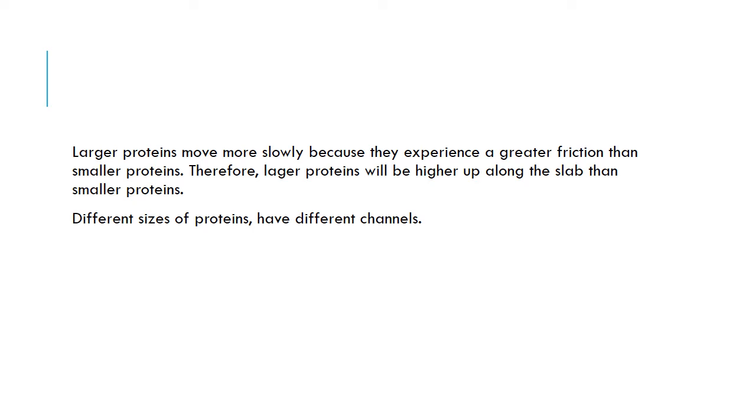So always have in mind, different sizes of proteins have different channels. Depending on the size of the protein, remember we said there are various sizes in terms of the pores. So they'll have different channels which those proteins will use to migrate for us to have a successful separation. So now this is what I was trying to mention.